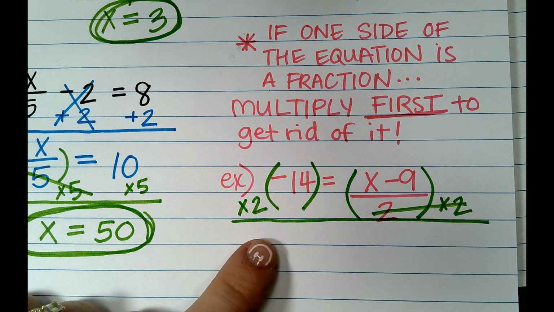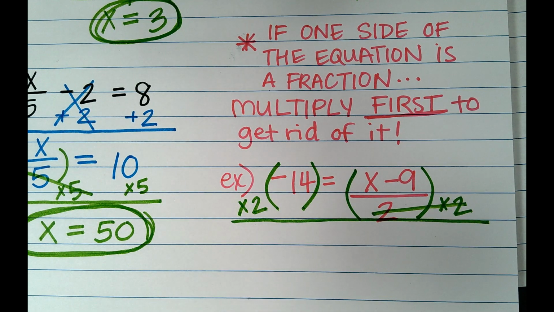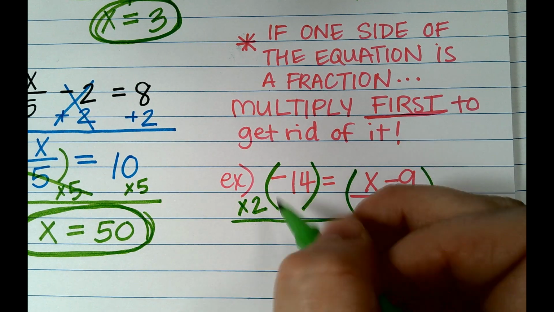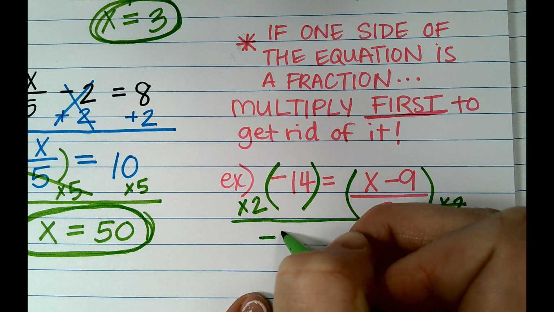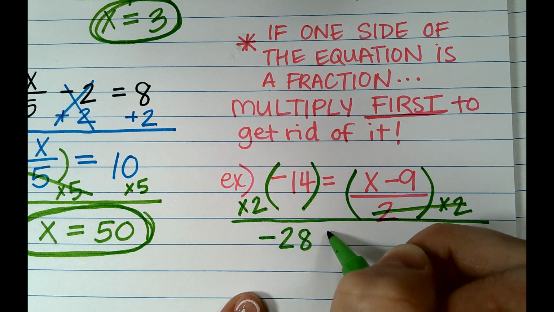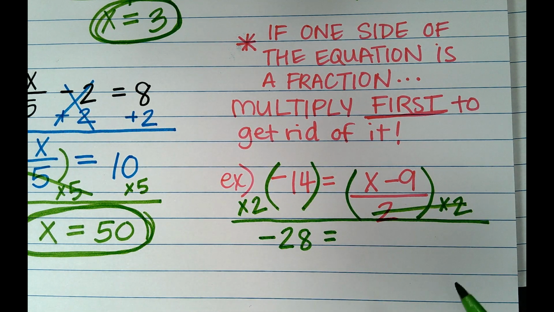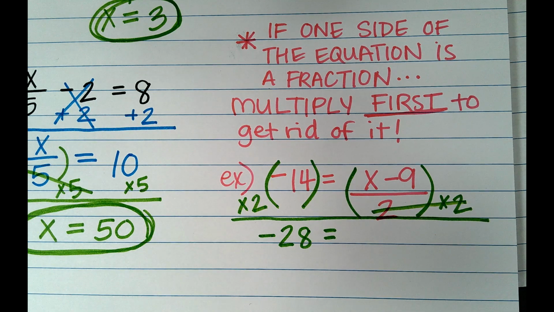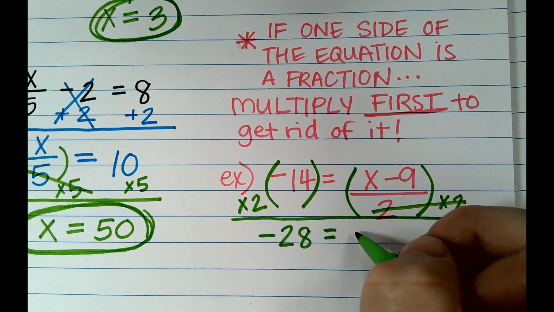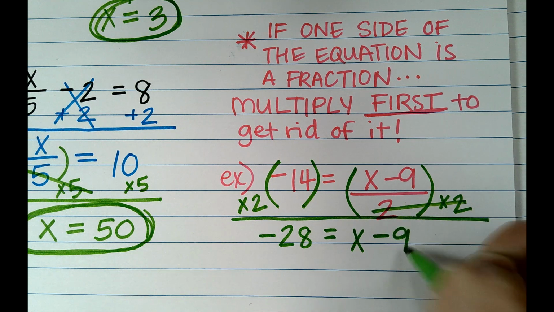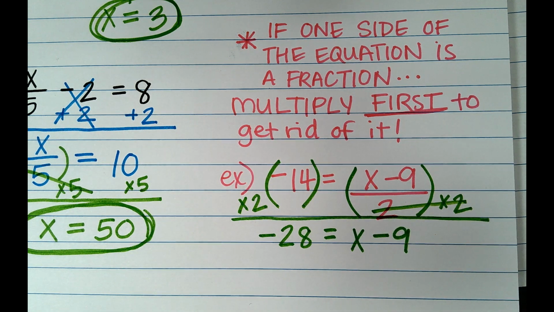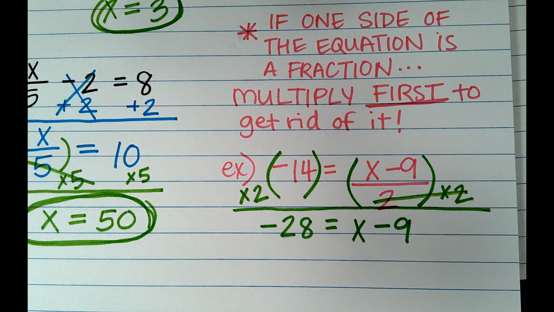What is negative 14 times positive 2? Negative 28 equals what? Your x minus 9. So negative 28 equals x minus 9.